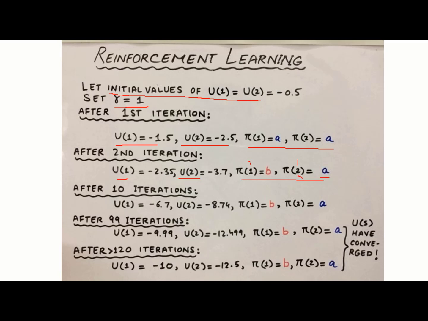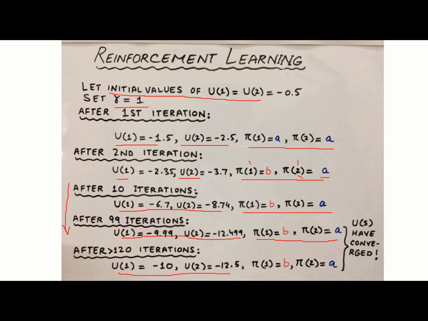And as we proceed through the subsequent iterations, you will notice that the policy has remained unchanged, but the values of U, both U1 and U2, are still decreasing. However, after nearly 100 iterations, the values of U1 and U2 have begun to converge.